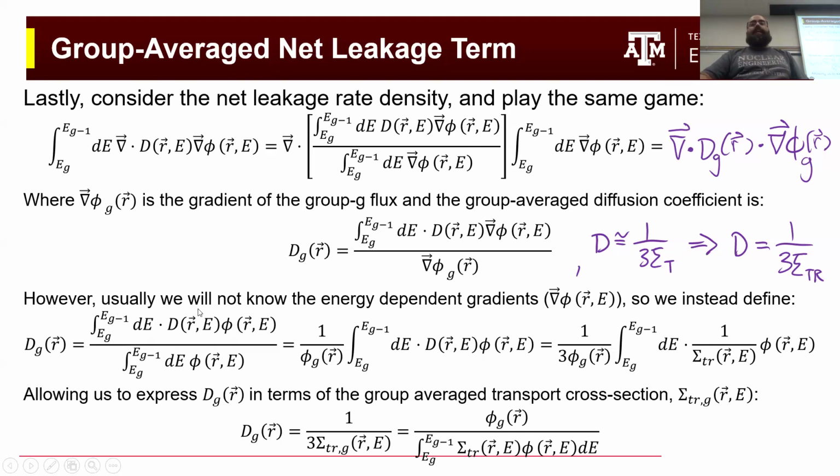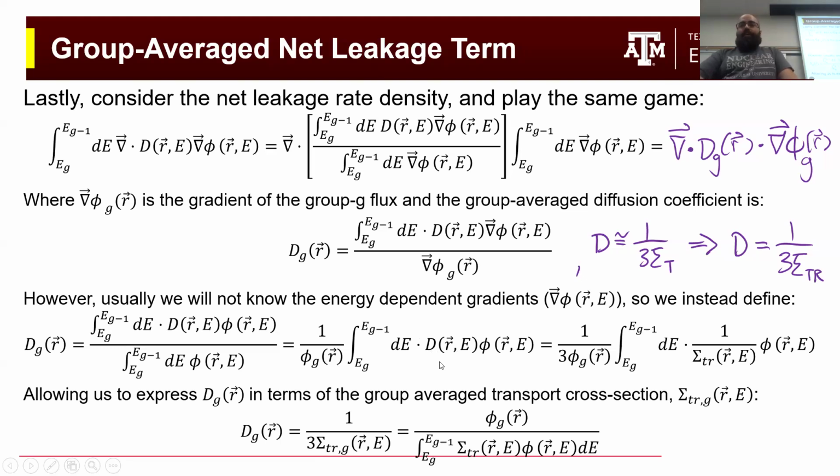So this is just saying we can also define it by a weighted average over the energy spectrum instead of the gradient of the energy spectrum. And then we realize that this in the denominator here is just my group G flux.